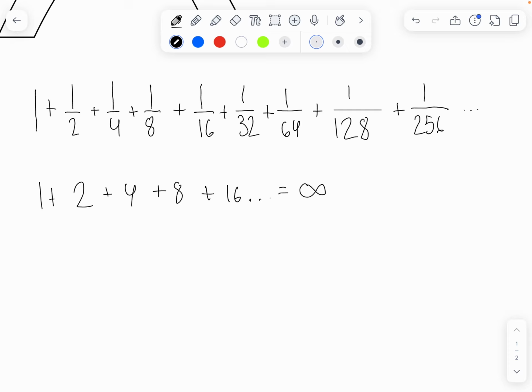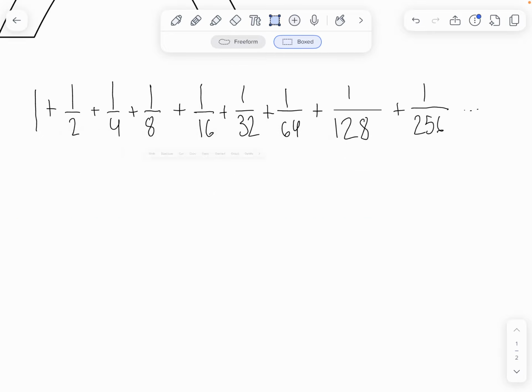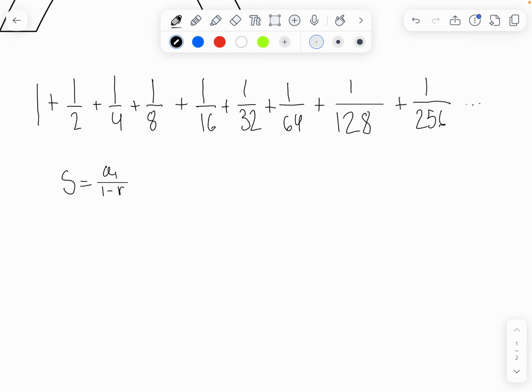Now, for this series, the infinitely converging half series, we use the sum formula of a1 over 1 minus r, and basically it's 1 over 1 minus 1/2.